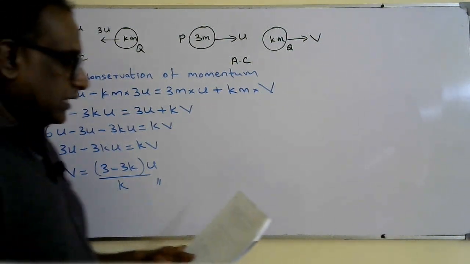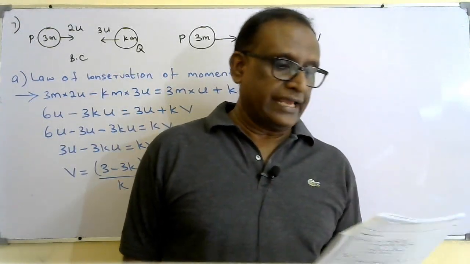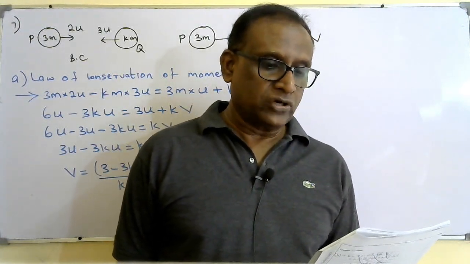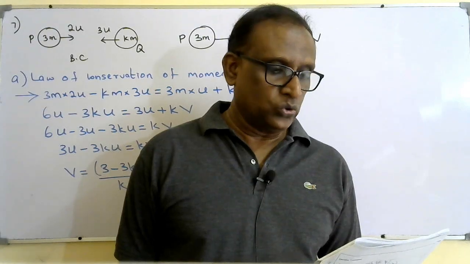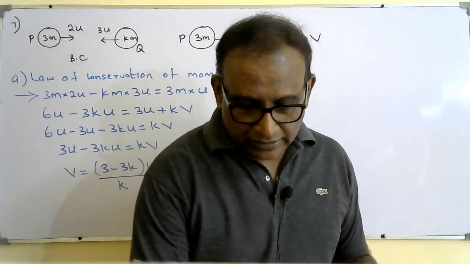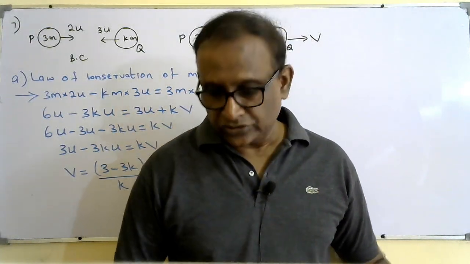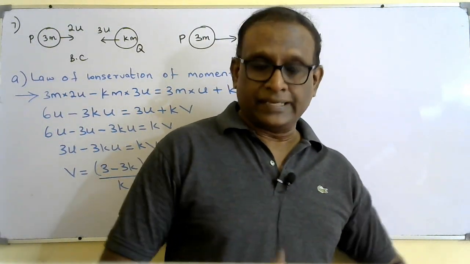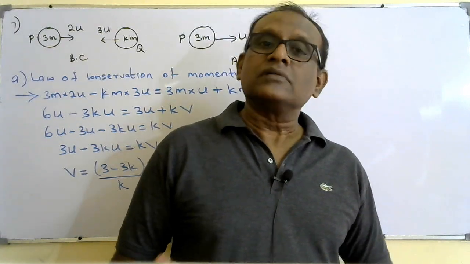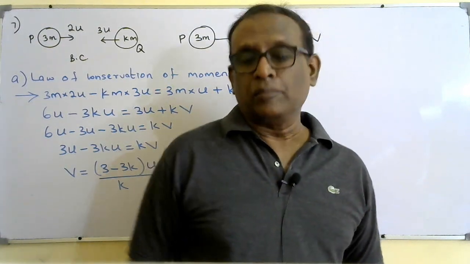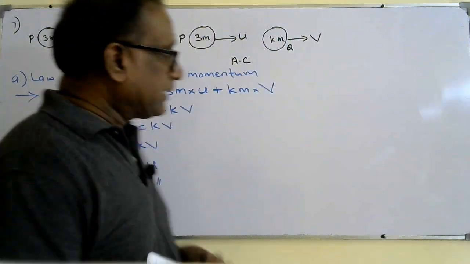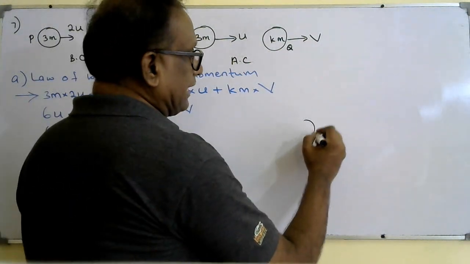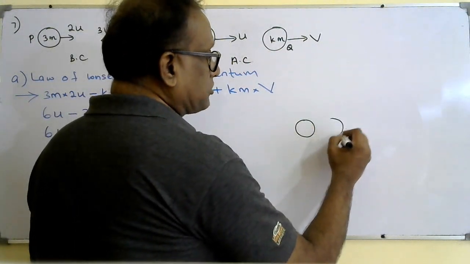Okay, B part. Find in terms of m and u the magnitude of the impulse received by Q in that collision. So you know impulse means force into time, that you had in IGCSE physics also, I equal Ft. At the same time impulse is equal to change in momentum. During collision, when two particles collide, they exert the same magnitude of force on each other.